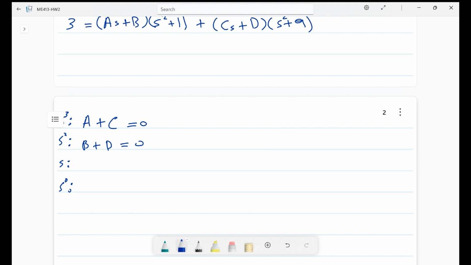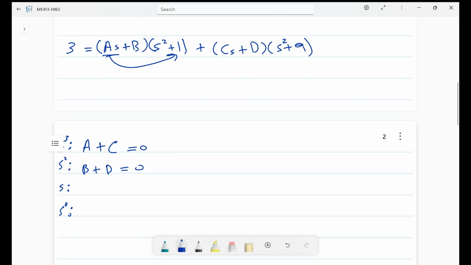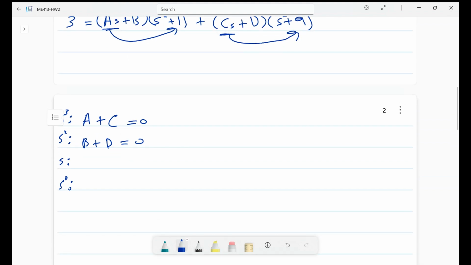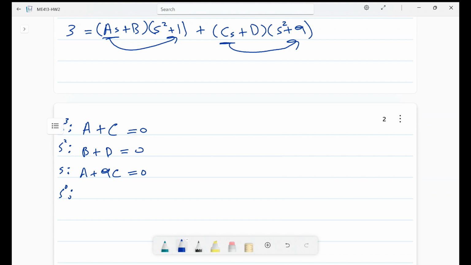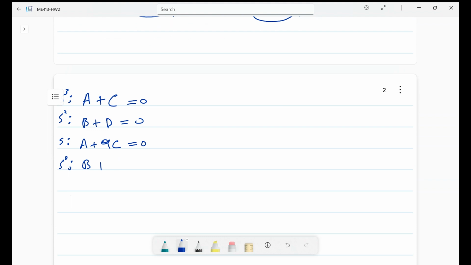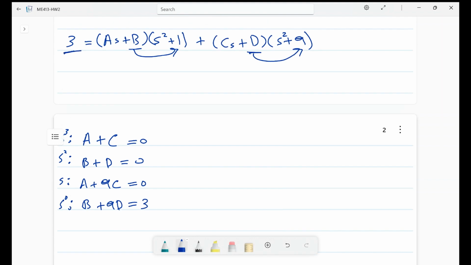And for s, we have A and 9C, so A plus 9C will equal 0 as well. For the constant, we will have B and we will have 9D, so B plus 9D will equal 3, because now on the left-hand side we have a constant.